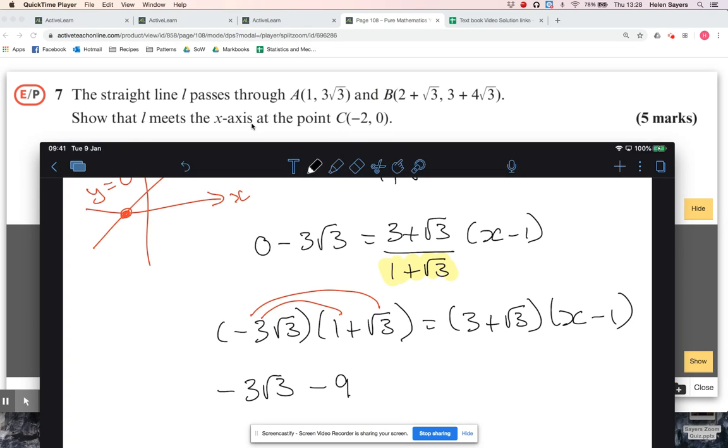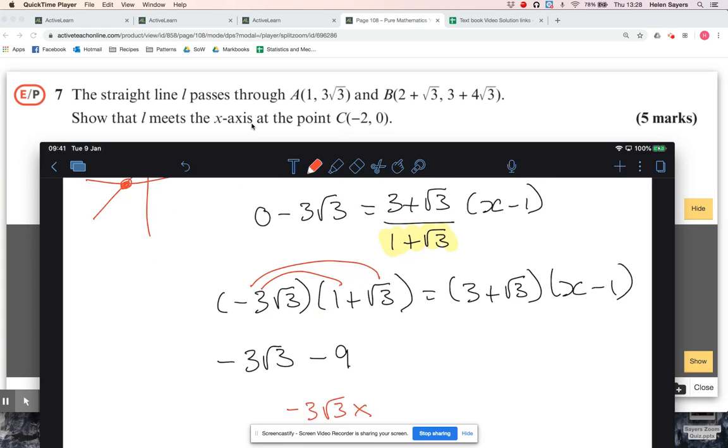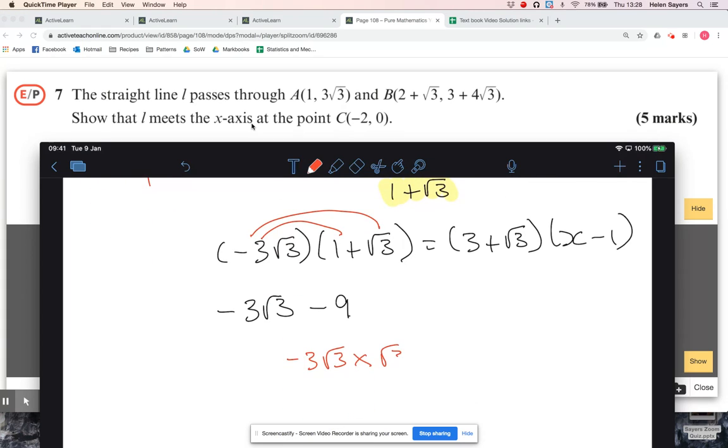I suspect it will give it to you as a surd, but basically, if you do minus 3 root 3 times root 3, well, the root 3 times the root 3 is 3, so that's minus 3 times 3. Okay, so that's the brackets on the left-hand side expanded.